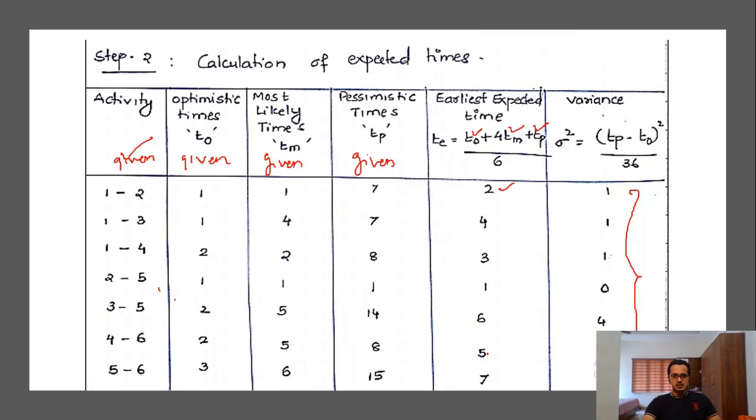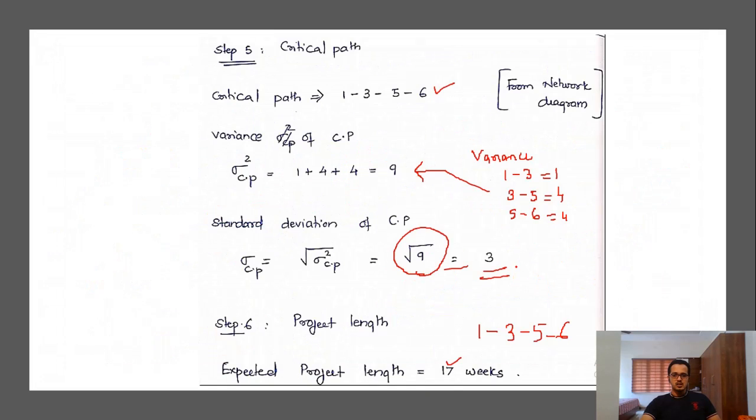It is 4, plus 3, 5 is 6, plus 5, 6 is 7. So 4 plus 6 plus 7 is equal to 17. That's what is written here. Okay, so we got the project length.